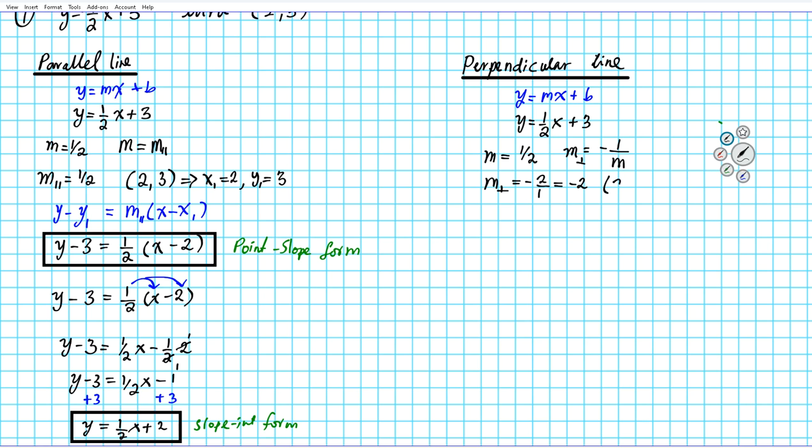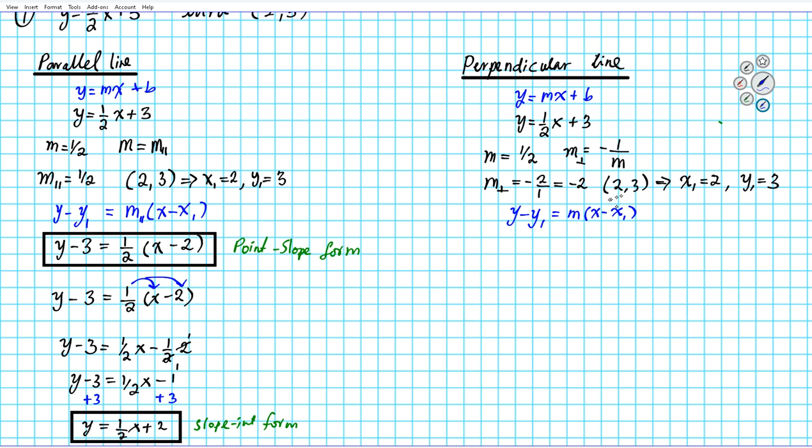Using the same point, 2, 3, which tells us that x1 is 2 and y1 is 3. Following the same procedure, we plug these ingredients into the point-slope form of the equation of a line: y minus y1 equals m times x minus x1.